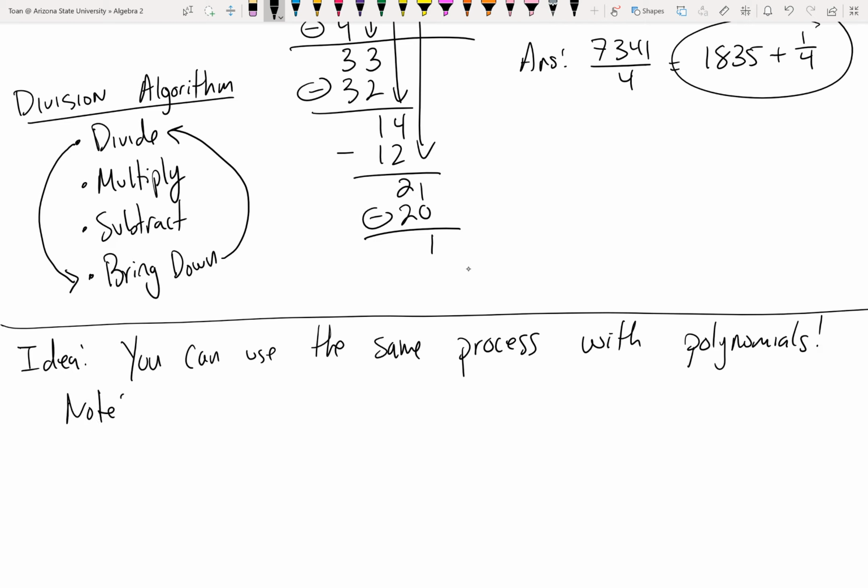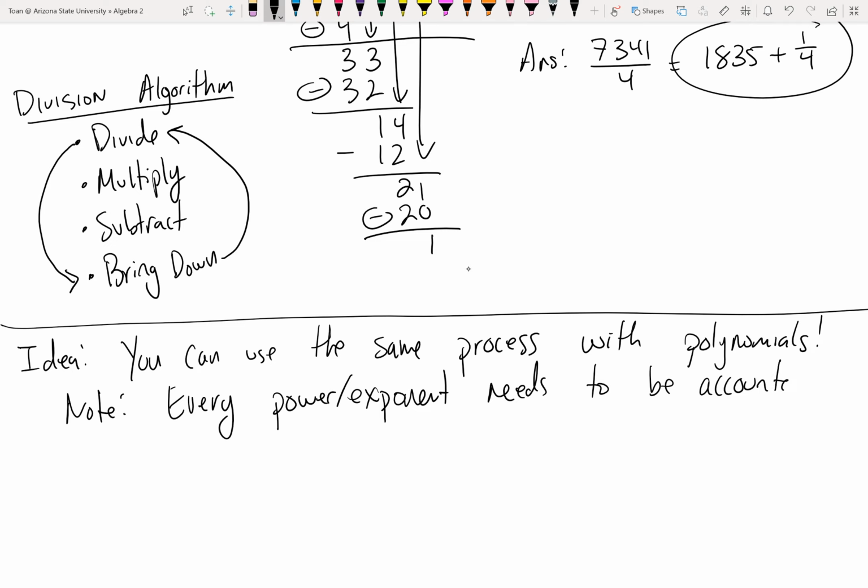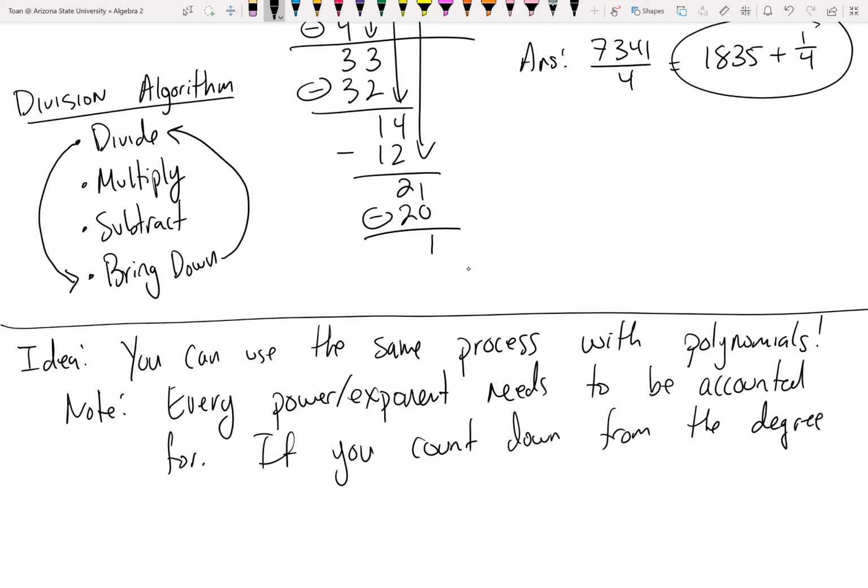However, there's a caveat. Every power or exponent needs to be accounted for. If you count down from the degree, and remember, in math, the word degree means the highest exponent.